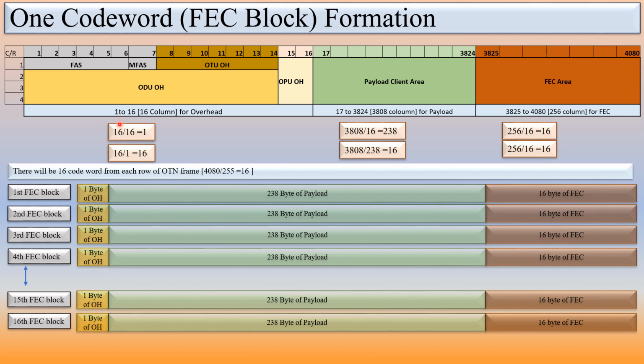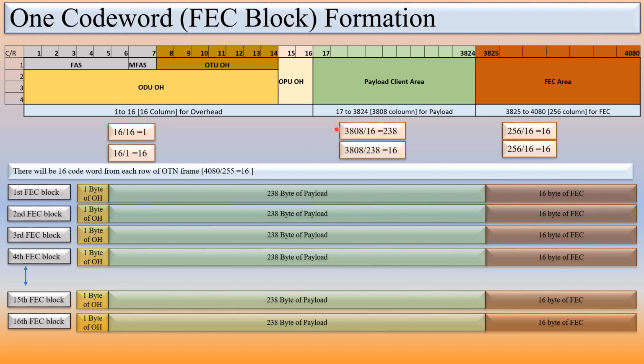There are a total of 16 bytes of overhead in the first row of the OTN frame structure, and 16 FEC blocks will be created. So how many bytes in each FEC block are used from this overhead? You can get it: 16 by 16 is equal to 1.